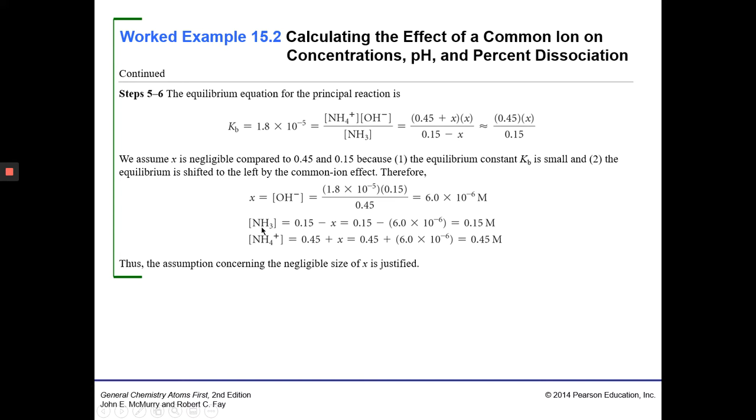So the ammonia concentration is really just what we started with, 0.15, and the ammonium concentration is again what we started with, 0.45.